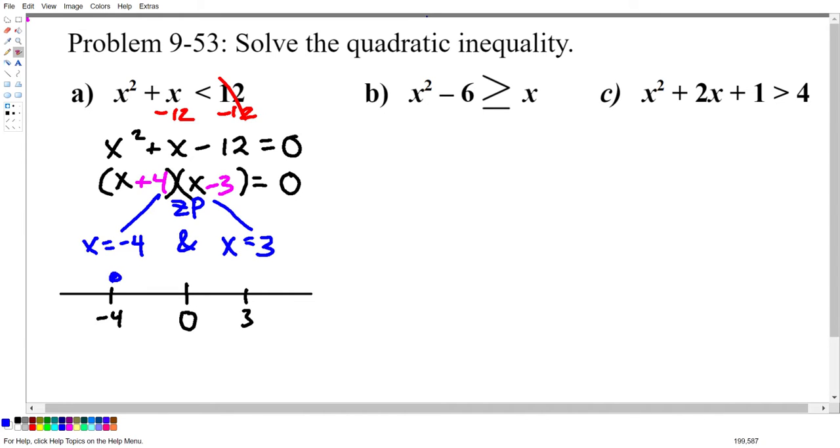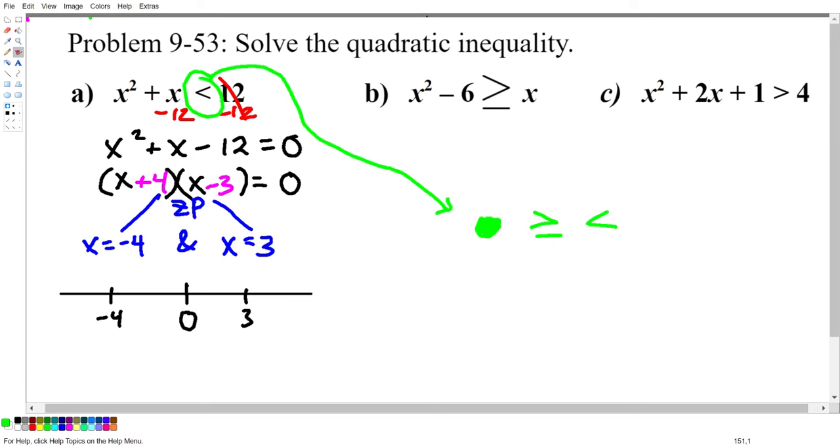The only thing I have to decide is whether it's a closed dot or an open dot. If I take a look at our sign here, the sign tells us everything, right? If it is going to be a closed dot, that means it's going to be greater than or equal to, or less than or equal to. I only include the closed dot if it includes those numbers.